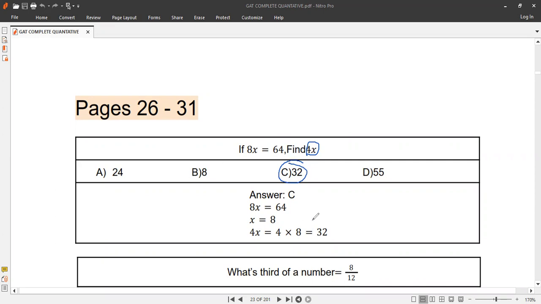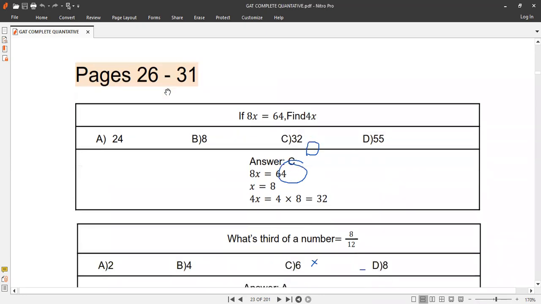What is a third of a number? Let me consider the number as x. Always, guys, when you say a number, we let it be x. A third of a number equals 8 over 12. Now, let me simplify this before I start.